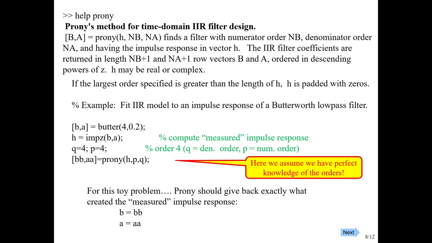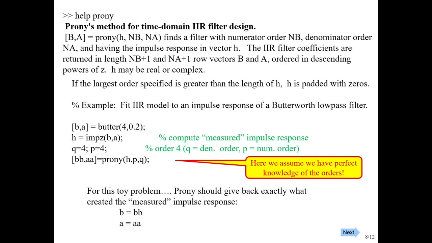In fact, it's so sensitive that in a problem that I gave for homework in this course, I took an H from some designed filter. I didn't tell the students what filter I used. And then I stored that H in a wave file so that the students could just read it in. But that was a wave file with 16 bits per number. So I'm quantizing to 16 bits.